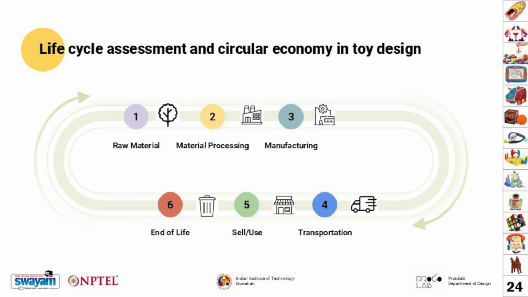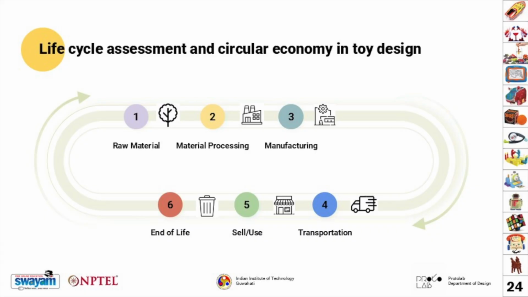Stage 5, sell or use. This stage represents retail and consumer purchase, the toy's functional lifespan, user interaction, and durability. Durability is critical here. A longer lasting toy reduces the need for replacement, lowering overall environmental impact.